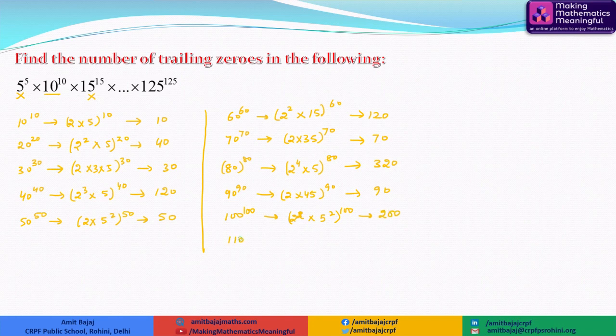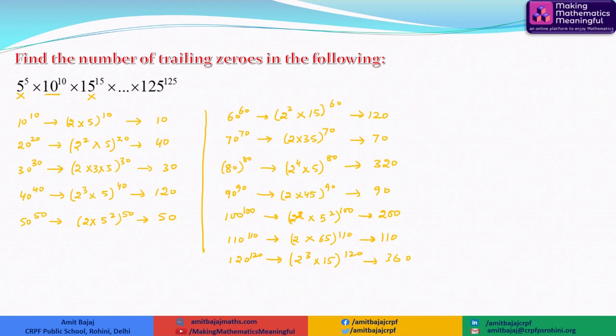And 110 raised to the power 110, which is 2 into 55 power 110, contributes 110 zeros. 120 power 120, which is 2 cube into 15 power 120, and which again contributes 360 zeros.